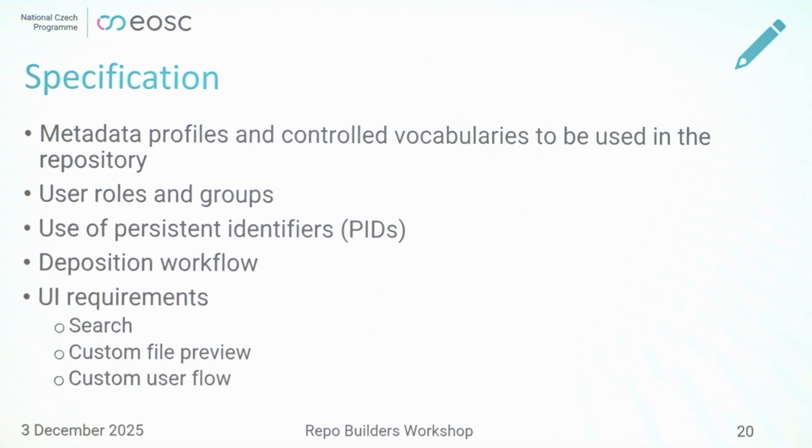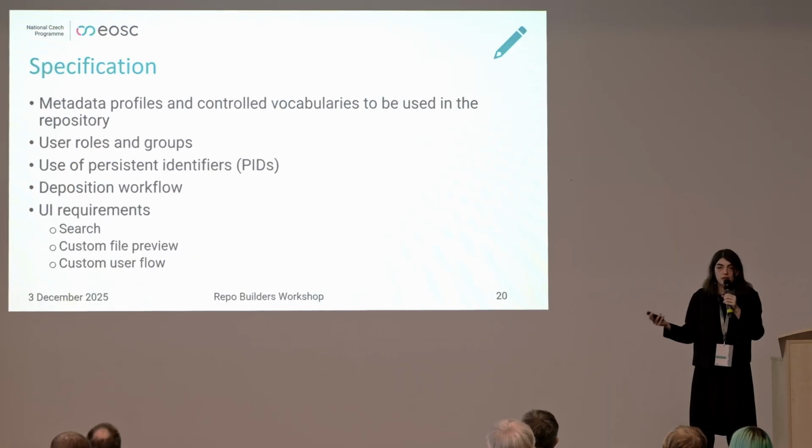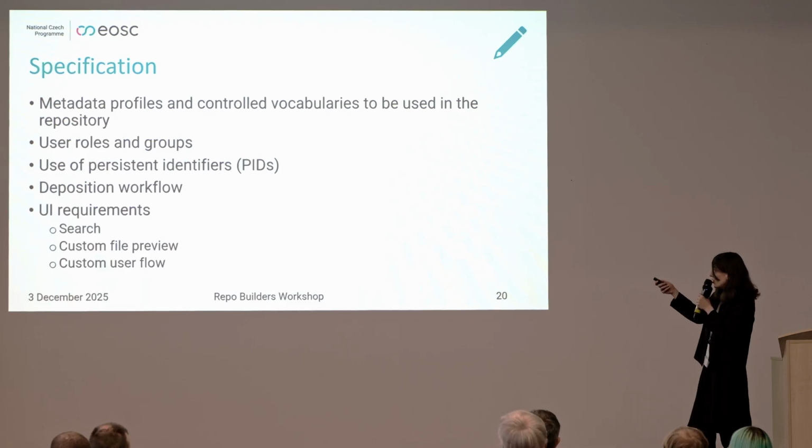So what sort of things are in the specification process? A big one, metadata profiles. We'll talk about them in the afternoon in a lot of detail. We'll help you specify what user roles and groups in the repository you will need. Maybe the default ones will be enough. Maybe you'll need more granular control.